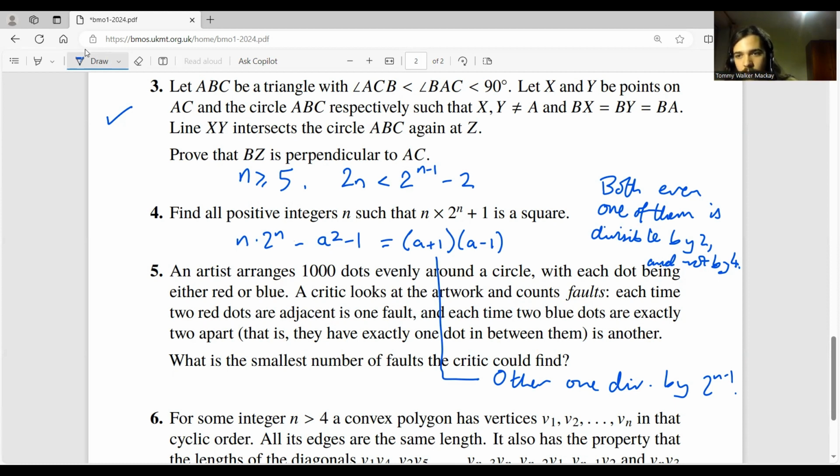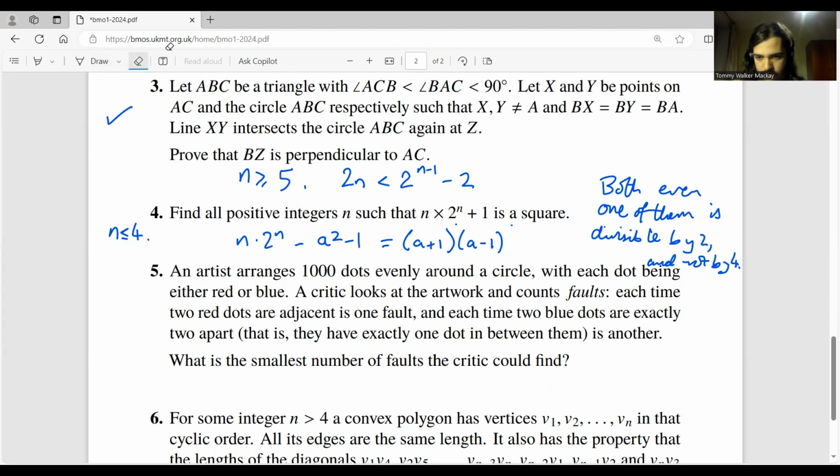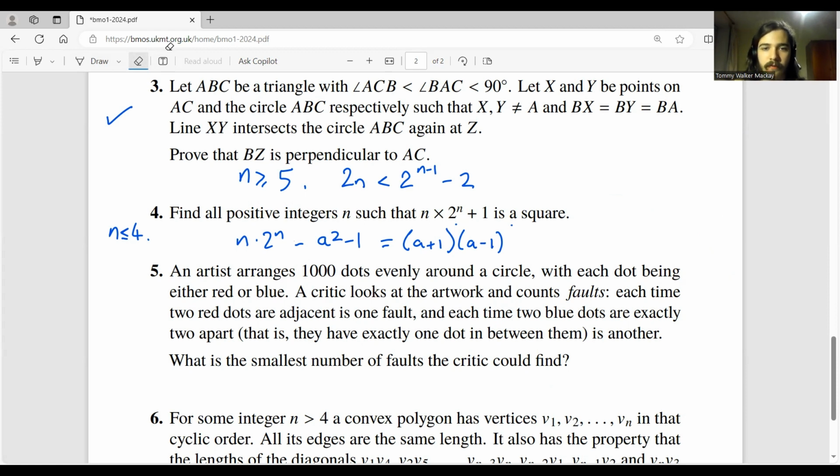And that makes things go wrong, because if one of these two things is divisible by 2 to the n minus 1, that tells us it has to be more than 2 greater than the other one. So that means n is at most 4. So then we only need to check n from 1 up to 4.